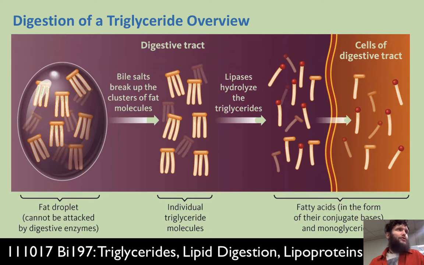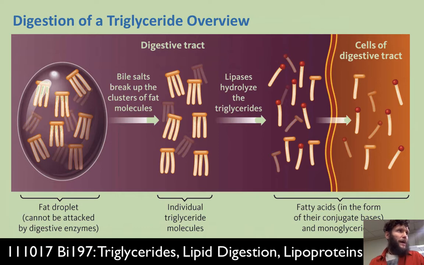That word hydrolyze is the opposite of a condensation reaction. It's using water. Hydrolyze means to cut. These enzymes use water to cut the fatty acids off the glycerol in the very same way that I showed you that acids or bases do it in the previous slide.